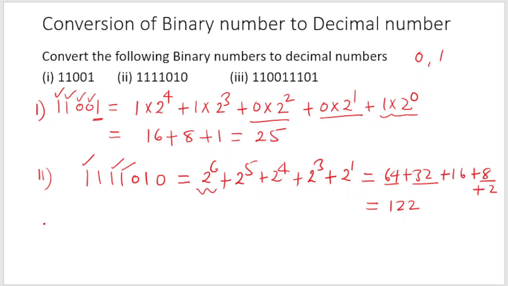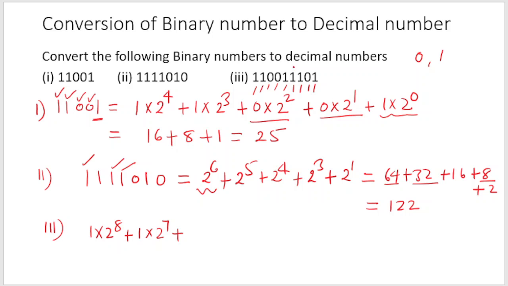Now let us look at the third one. I think I should be able to write the answer directly. Count the digits: 1 2 3 4 5 6 7 8 9. So there are 9 digits here. Starting from here, for this I will get 1 into 2 to the power 8. For the next one I will get 1 into 2 to the power 7, and plus.